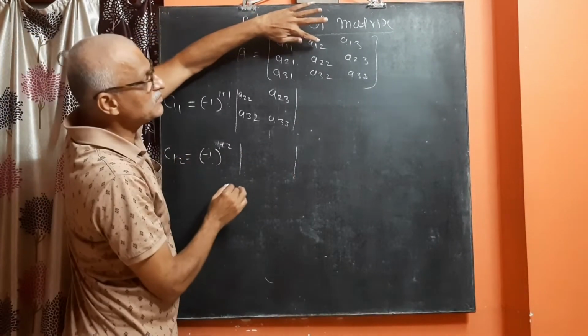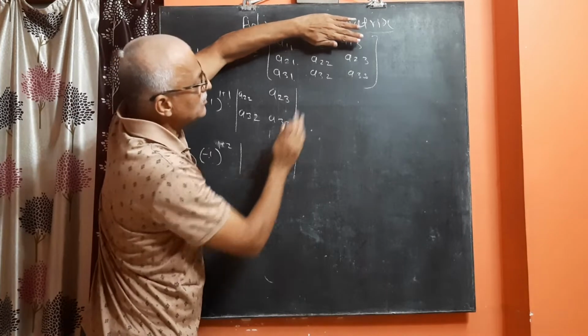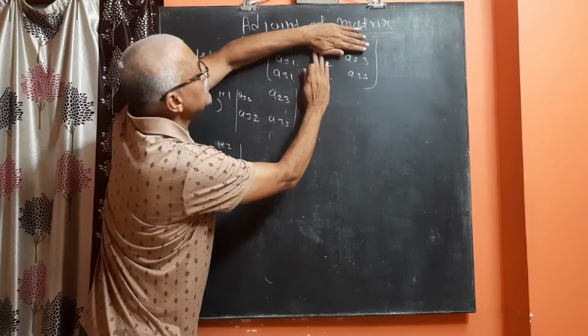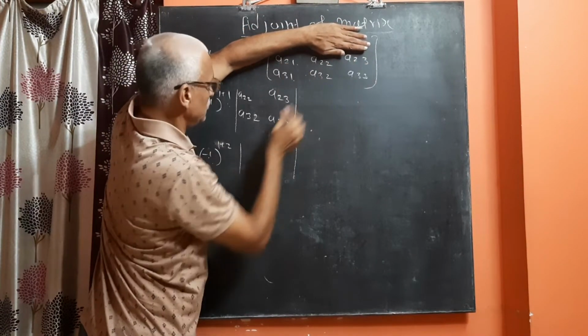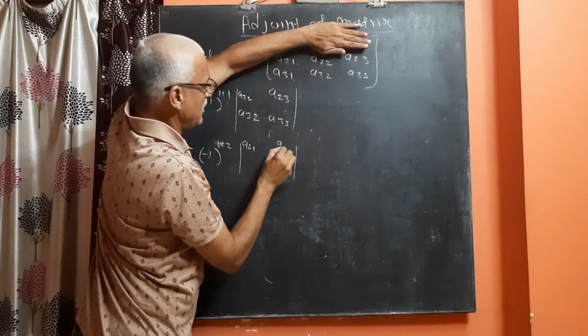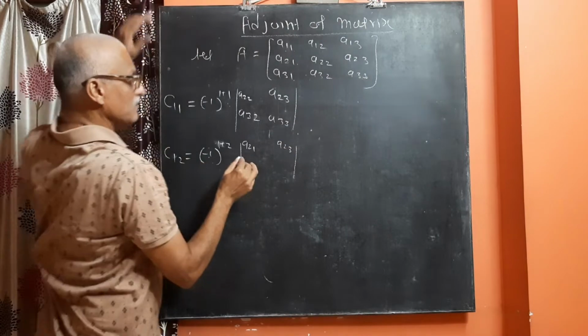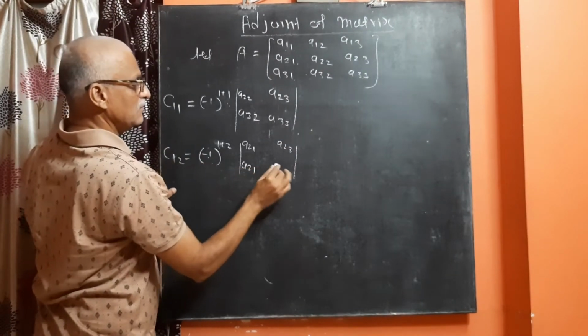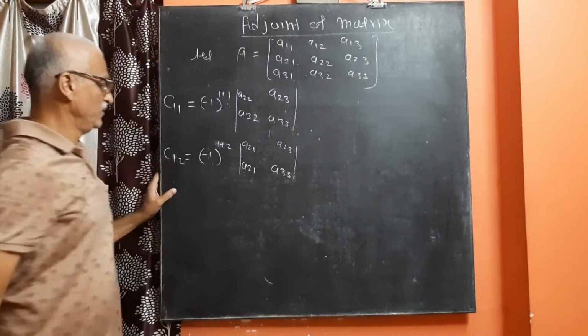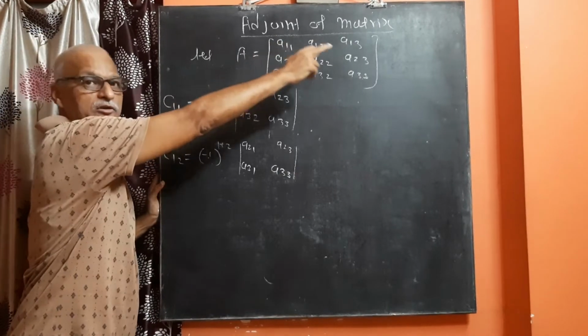C12 means this position: the first row and this column are removed. What is remaining? A21, A23, then A31, A33. In the same way you have to find out all 9.